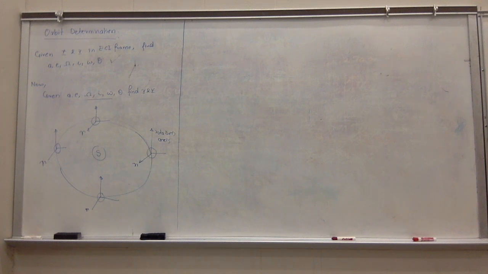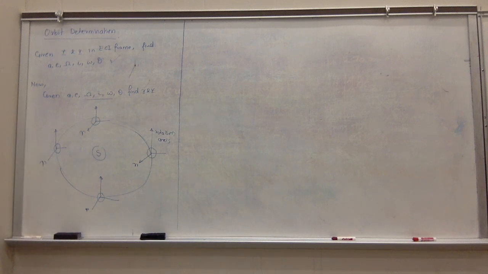We looked at this, right? You remember this? Now, can you identify the two frames we're talking about, or the first frame we're talking about? What does the PQW stand for again? It's called perifocal frame.